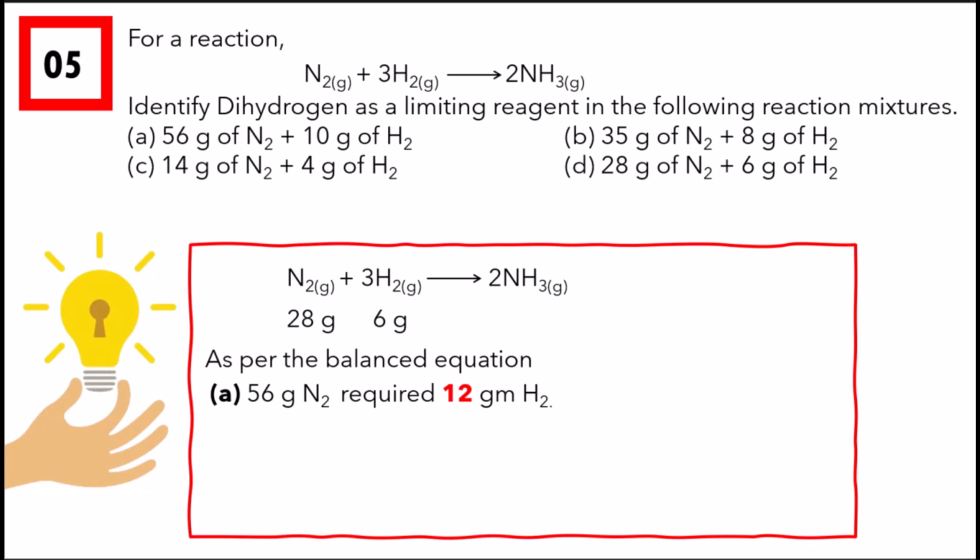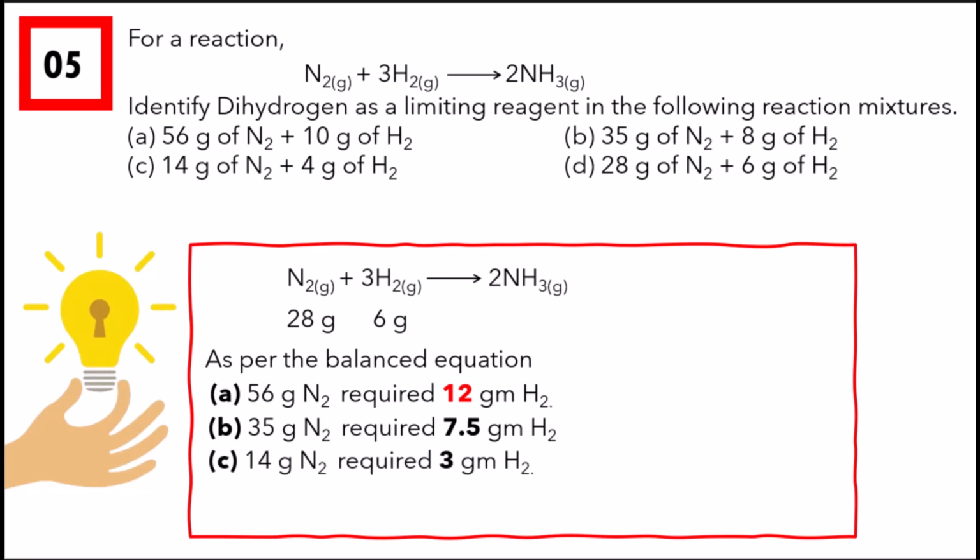But in the option, it is given 56 gram nitrogen with 10 gram of hydrogen. In option B, 35 gram demands 7.5 gram of hydrogen, and the given is 35 gram nitrogen with 8 gram of hydrogen. In option C, 14 gram nitrogen requires 3 gram, but it is given 4 gram. And in option D, 28 gram requires 6 gram, which is as per the option given. So overall, only in option A is the hydrogen less than the requirement. That's why it is called a limiting reactant, and option A is your answer.